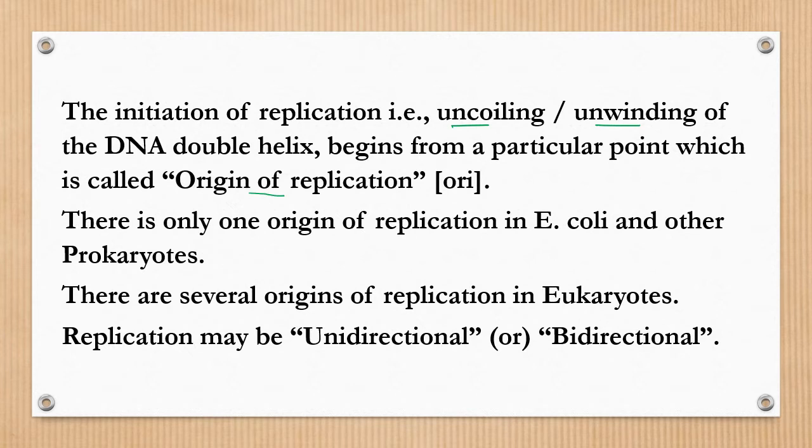There is only one origin of replication in E. coli, that means in bacteria, in prokaryotes. There are several origins of replication in eukaryotes, multiple origins. Already we discussed this at the start. Now replication may be unidirectional or bidirectional.